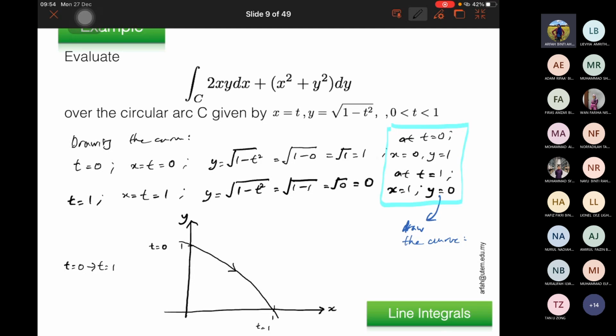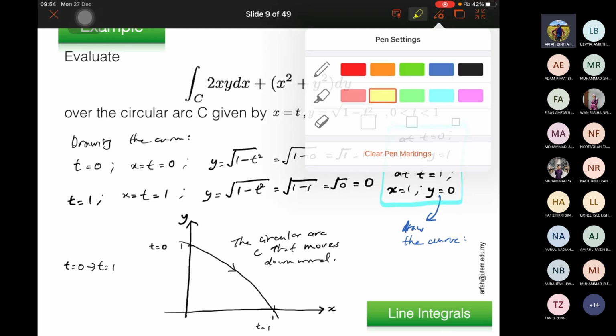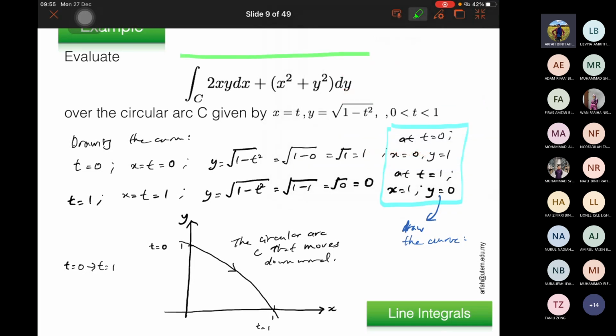Okay. So this is the circular arc that moves downward. Then we want to get the integration for this one using all of the information given. Okay, you can copy first and you can try.